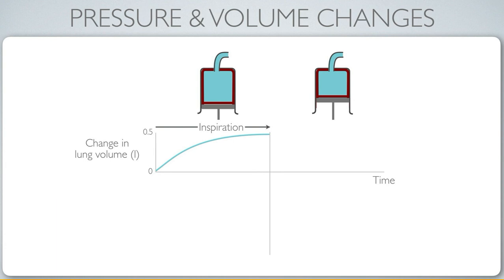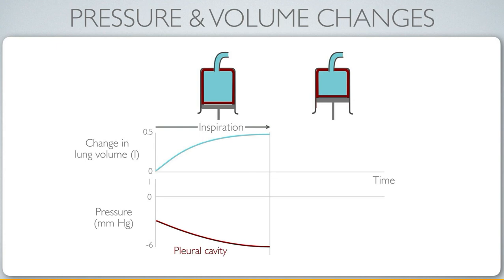Let's look at pressures. So here we have the pressure of the pleural cavity. Now, I mentioned that the pleural cavity has a negative pressure. Okay, that's negative relative to atmospheric pressure, negative relative to the air pressure that's inside of the alveoli. And note something here.